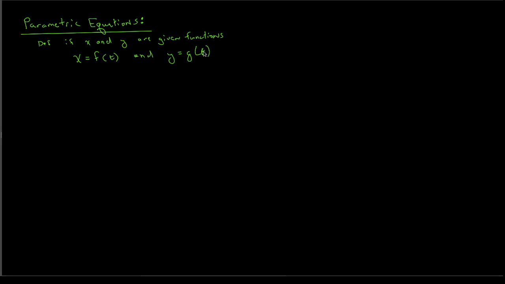And I think I would say are given some functions of a parameter t. I would introduce the other parts of the definition right here. That x and y are given as functions where the independent variable is some parameter t. And so it's going to be given over an interval I of t values.